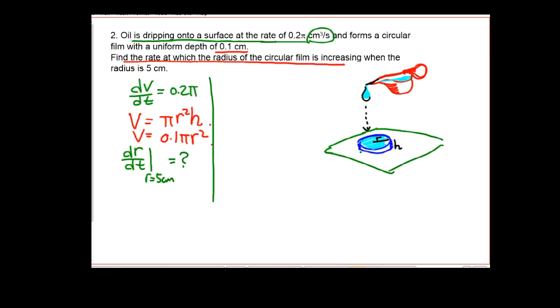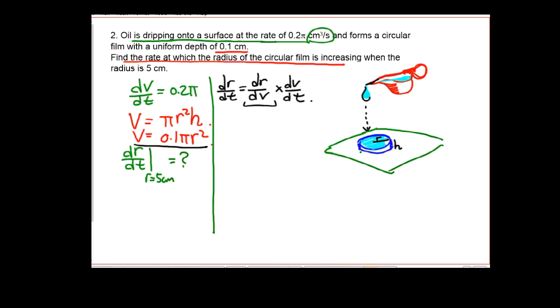So in order to find the answer to that, dr/dt is basically dr/dV times dV/dt, because we have V here. So we need to first find dr/dV, and in order to do that, I need to use this formula in blue.